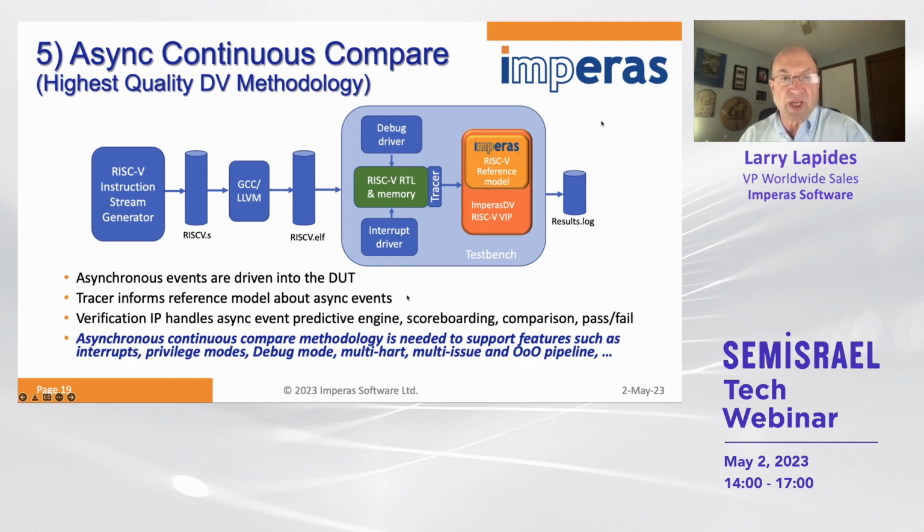And then the verification IP here handles the asynchronous events, handles understanding what is going on in the RTL. And this asynchronous continuous compare methodology is needed to support features such as interrupts, privilege modes, debug mode, multi-hart, multi-issue, out-of-order pipeline, all these complexities.